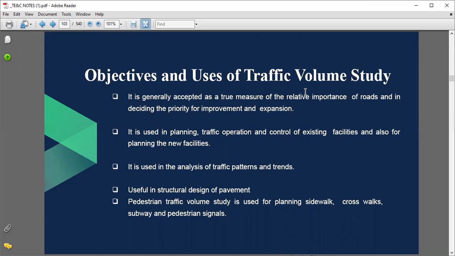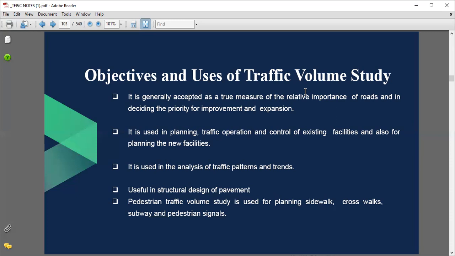We have to understand the characteristics required for the improvement of the existing road, and for that purpose we do the traffic volume study. If the traffic volume is more, automatically we have to go for improvement and expansion of that road. Regular maintenance is also a purpose.